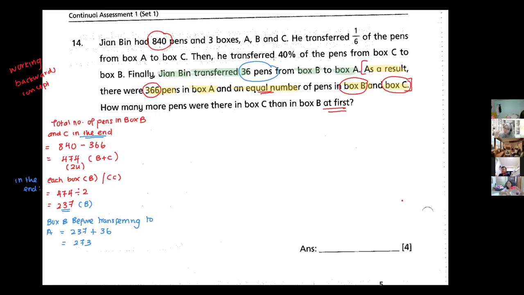This is what I have before I transfer 36 pens from B to A. So I'm okay with the green part already. Now we're going to move on to the next line.